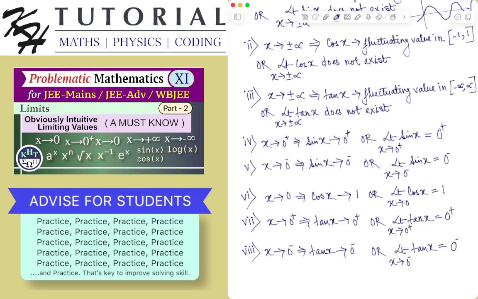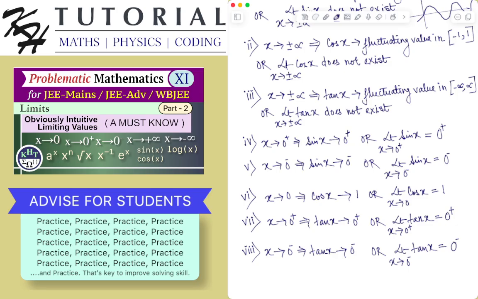When x tends to 0, then cos x tends to 1. That is, when x tends to 0 implies cos x tends to 1. This actually means that when x tends to 0 positive, cos x tends to 1, as well as when x tends to 0 negative, cos x tends to 1.